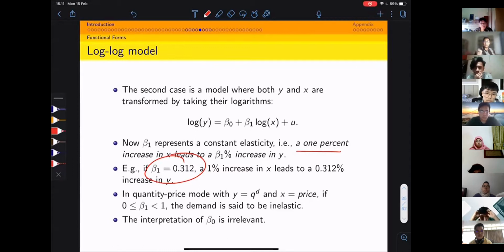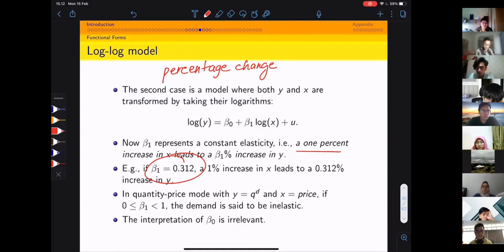I just want to be very specific here that there are two different interpretations, depending on the data and the units of the data. One, you have the percentage change, so suppose that it's a 10% change or a 20% change. Another interpretation, which I may not show in this particular slide, is percentage points.